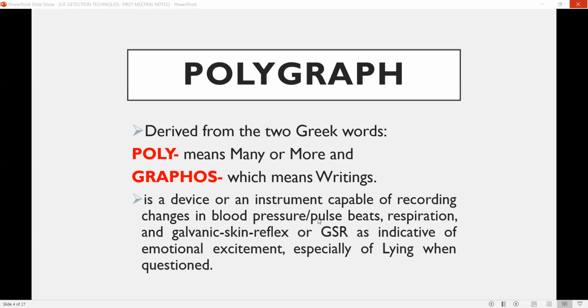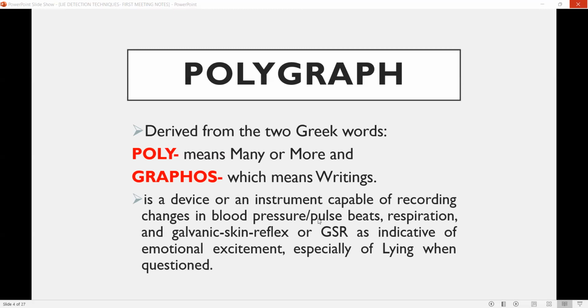And if there's sweating in our fingers, our hands, it will cause galvanic skin reflex or current. And it can be recorded in the polygraph machine. So that's the galvanograph component. It records galvanic skin reflex.